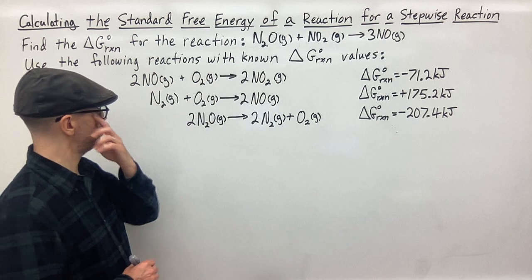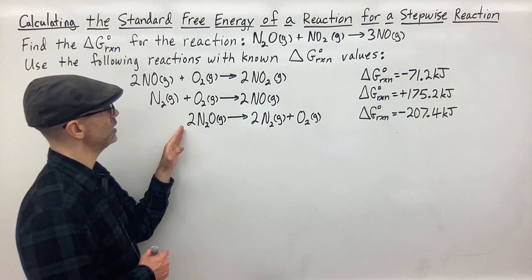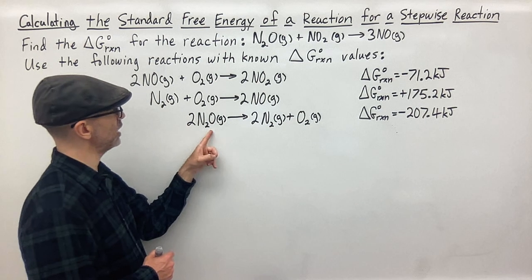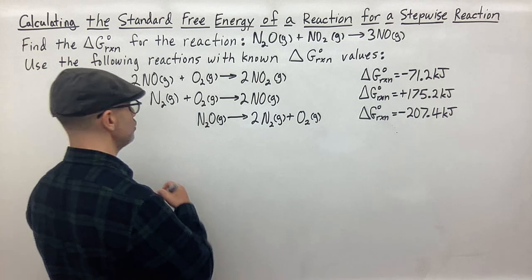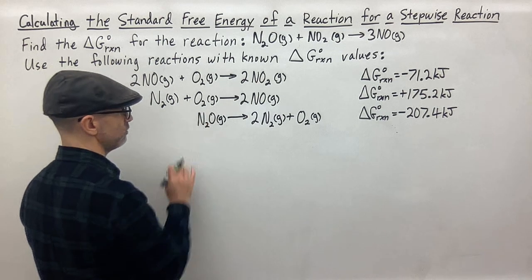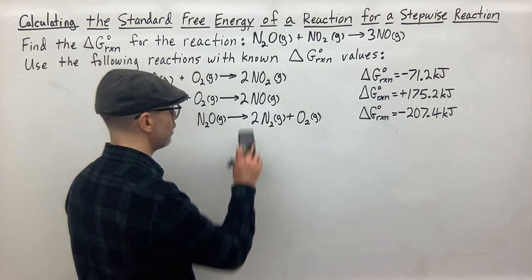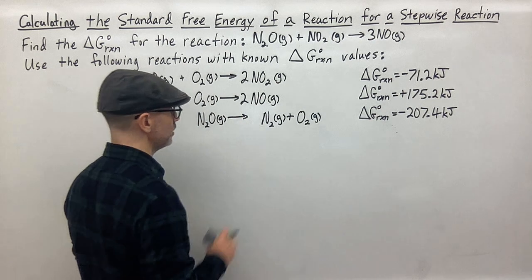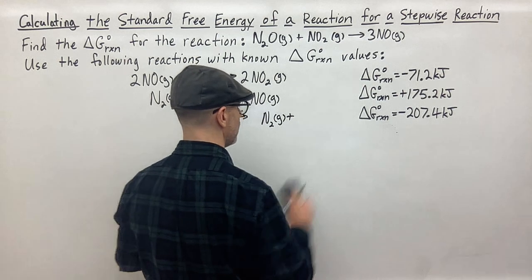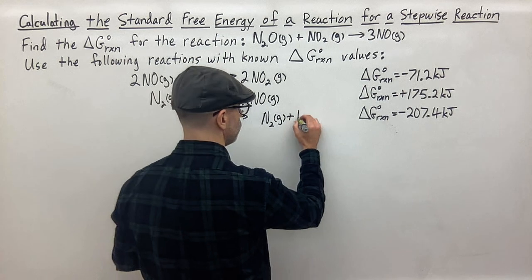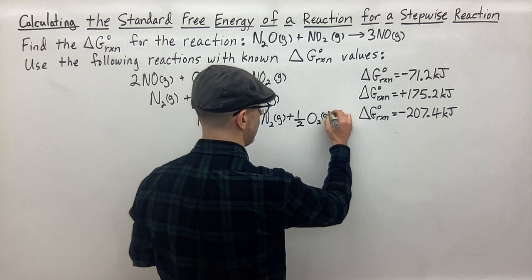So what I need to do is divide everything by 2 to get only one N2O. Divide 2 by 2, and I get 1. Then I divide this by 2, so that becomes a 1. And here, 1 is already there, I get 1/2. So this is going to be 1/2 O2 gas.